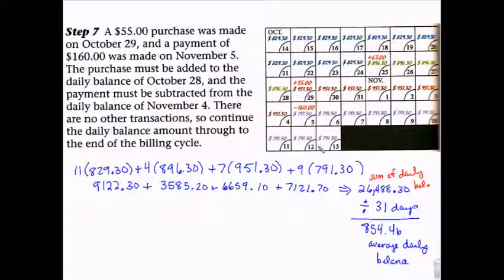So if your balance is 10, you're going to pay much less than if your balance is 400. And your balance is based off of your spending patterns. What they're saying is, over the course of the month, you've had balances of 829, 896, 951, and 791. If we average all of that out, your average balance was 854. And you're going to pay on this.